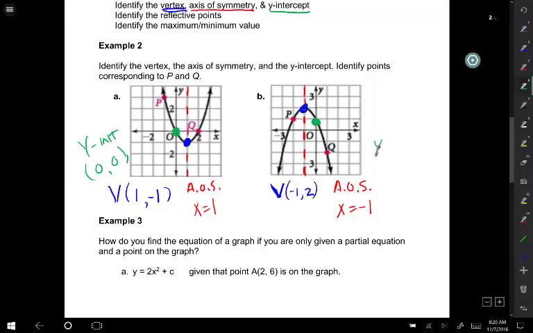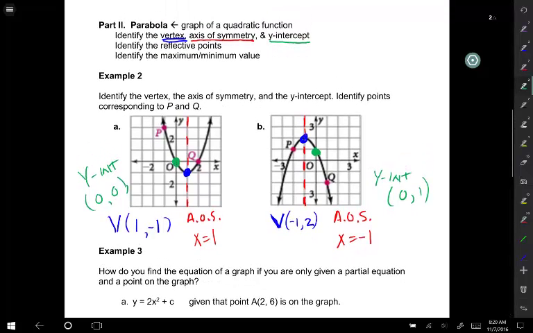And my y-intercept for B? 0, 1. All right. Now, let's deal with some reflections. Would you agree that this black point here reflects the green point? What's the reflection of P?